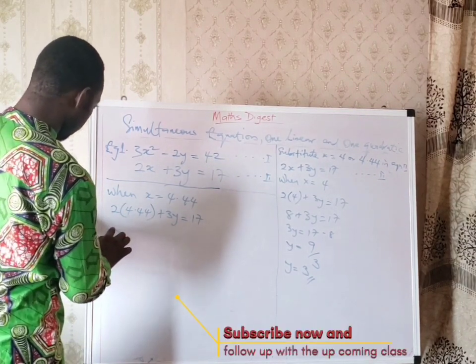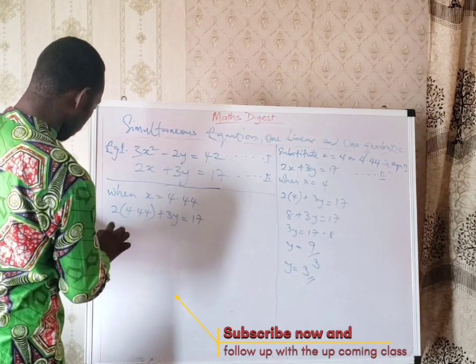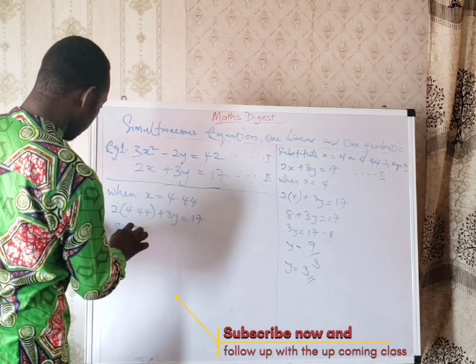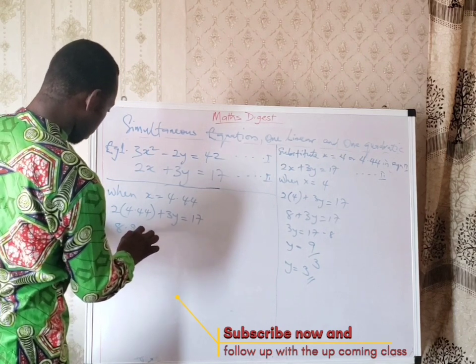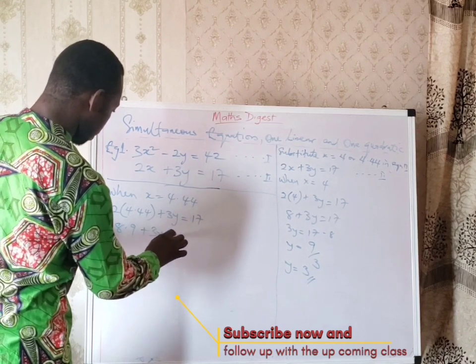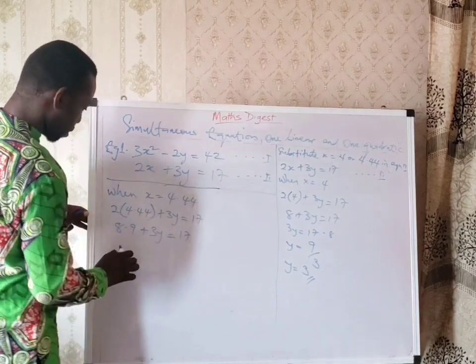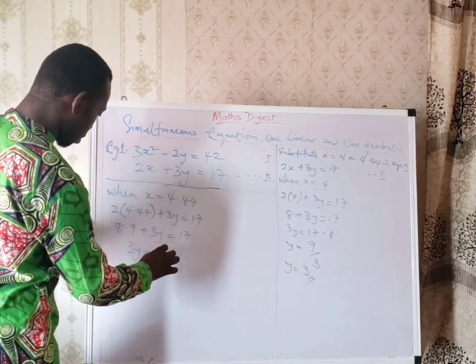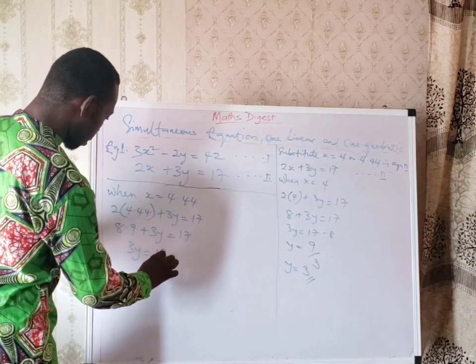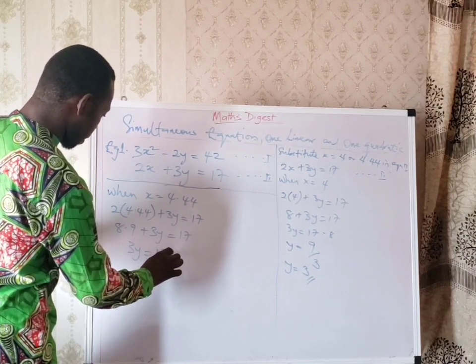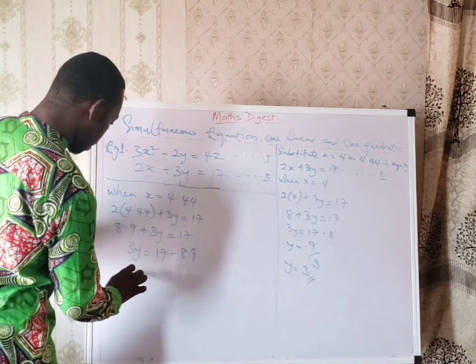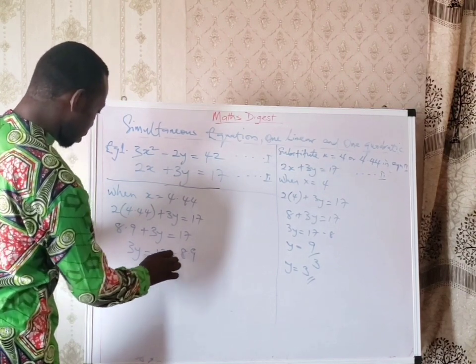This times this will give you, let's say 4, that's 4 here is 8 point, maybe 8.9, plus this 3y equal to 17. Now here we have that 3y is equal to, this crossing the equality sign, 17 minus 8.9. Now y will be equal to this minus this.